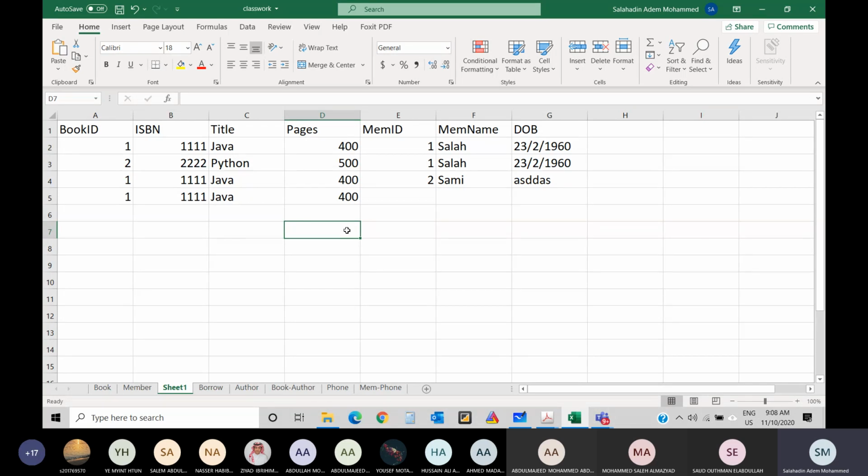The other table should be purely members, only members. I should not mention any book there. The third one will be the borrowing. We'll take the ID of a member and match it with the ID of the one who borrowed. So, in fact, we should have 3 tables. You agree with me or not?